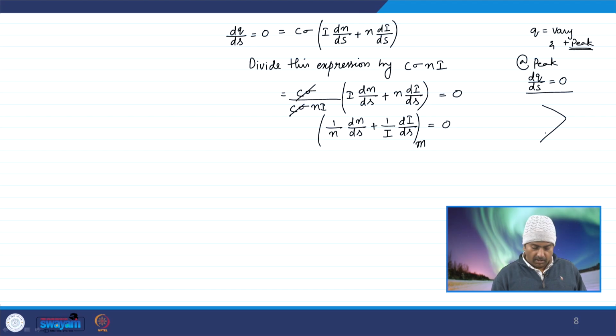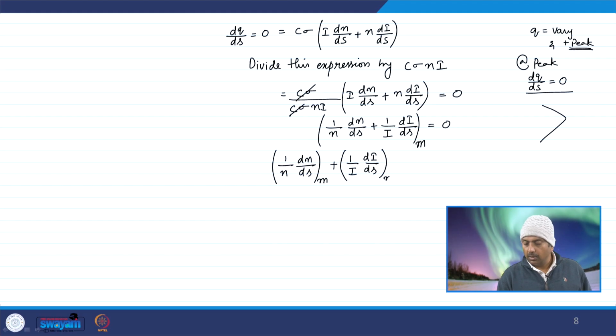So this expression is valid, or we can write it as 1 by n dn by ds at the maximum value plus 1 by I dI by ds at the maximum value to be equal to 0. This is the value at the peak.